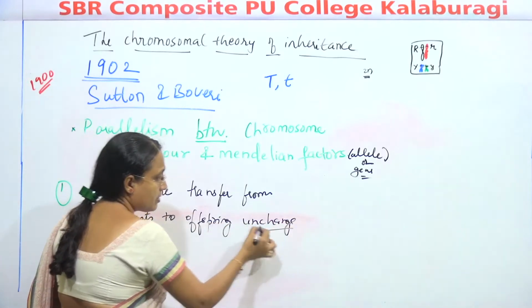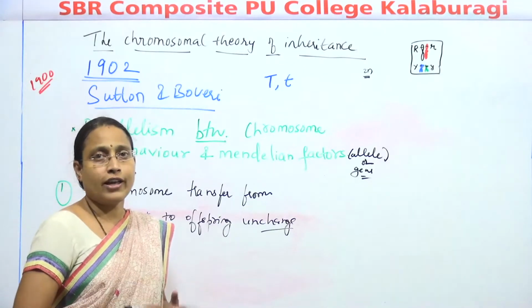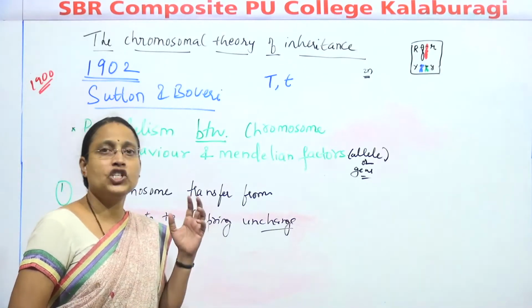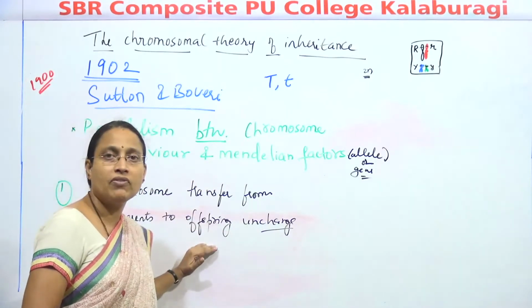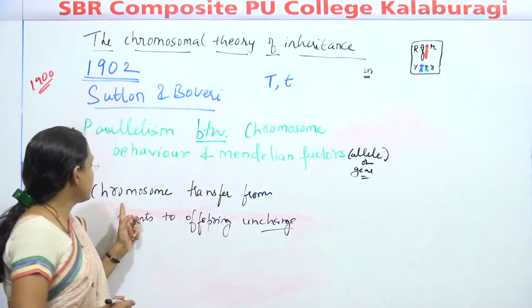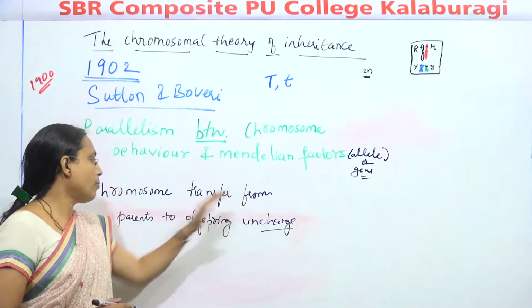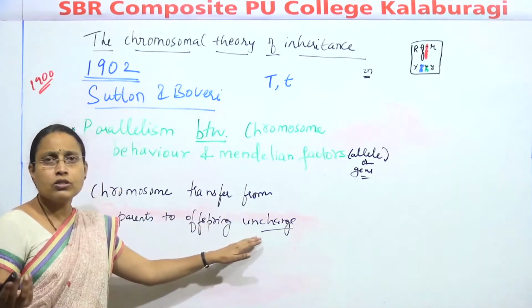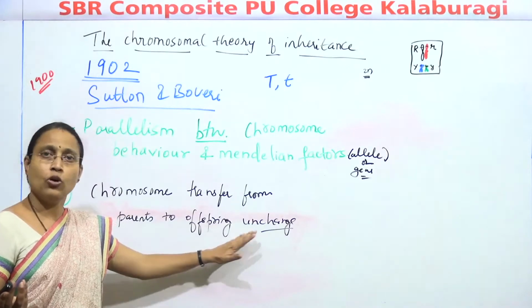Here, change means slight variation occurring, which you are not taking into account. R is for the shape of the seed. Even in the offspring, the same allele will represent the shape of the seed in the offspring plants. So chromosomes transmit from parents to offspring, and so also Mendelian factors transmit from parents to offspring.